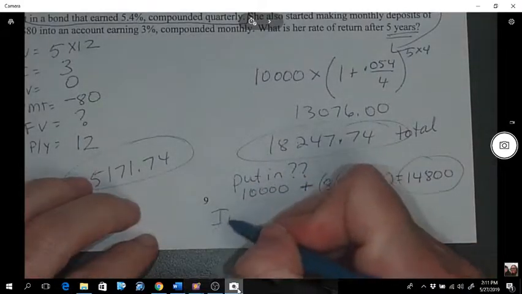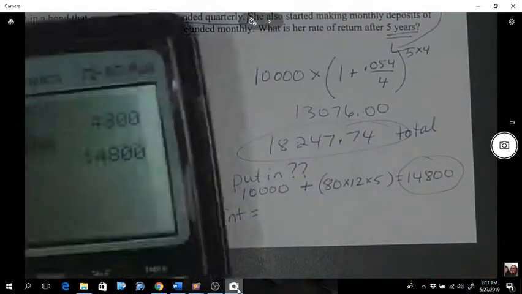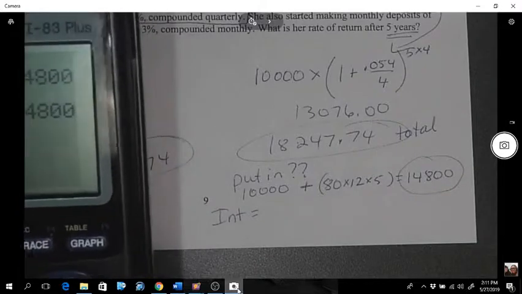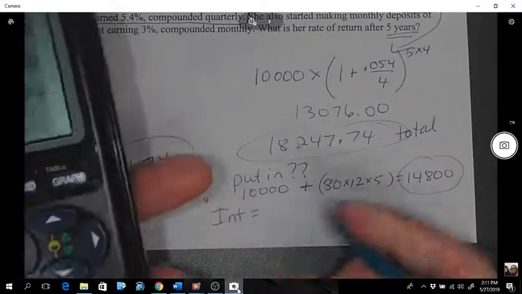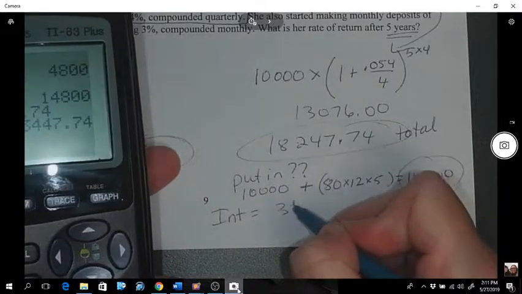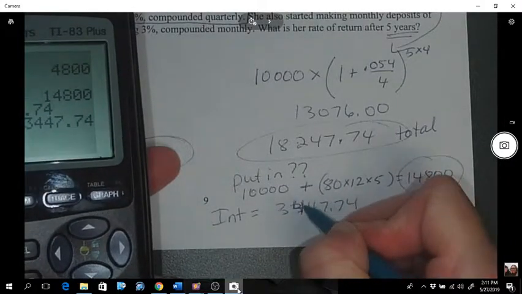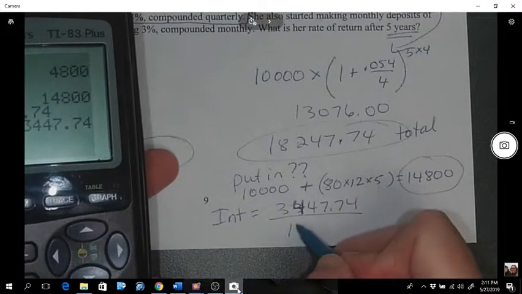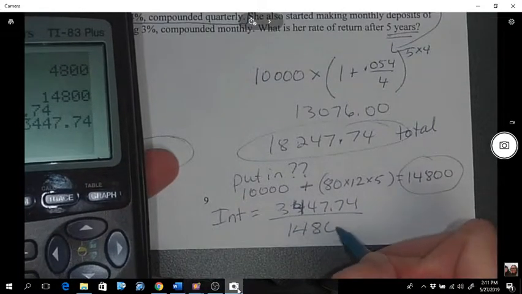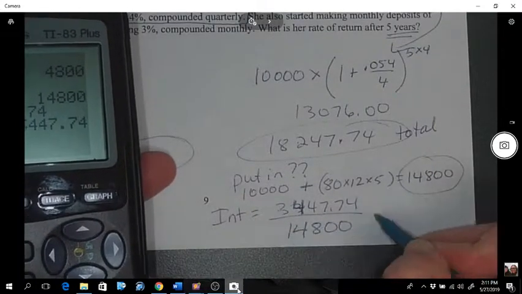So the interest, if I subtract them, is 3,447.74, divided by what she put in, her investment.